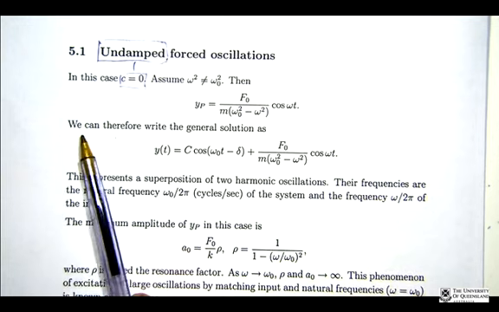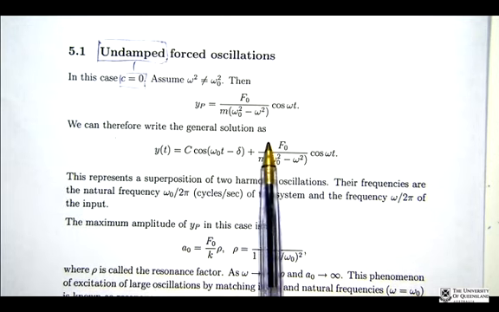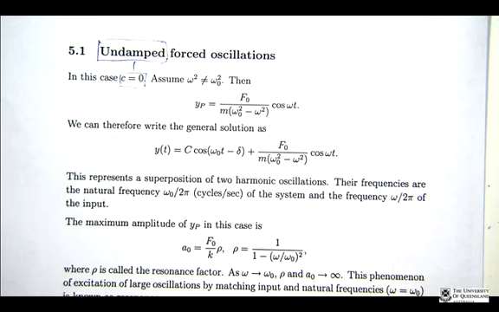And it turns out we can actually write the general solution. So I've mentioned the homogeneous solution right at the bottom of the previous page. This is the homogeneous solution, plus the particular solution gives the general solution, right?